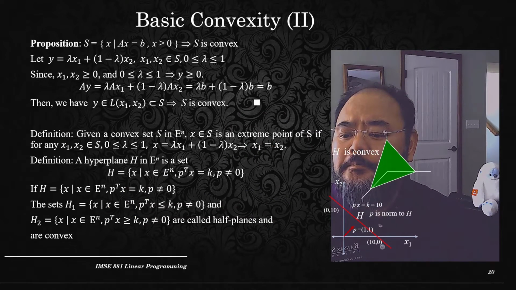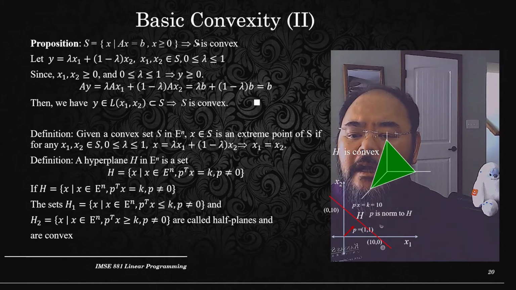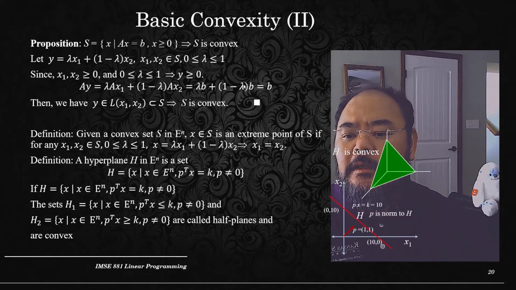All right. So here we have a proposition saying S equals the set of X satisfying A times X equals B, with X non-negative, and then S is a convex set. To prove this is fairly easy. We need to prove two parts.